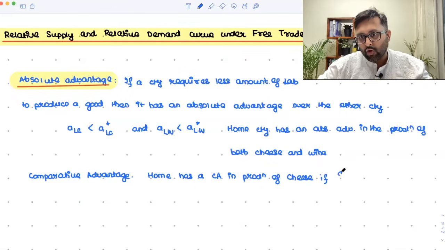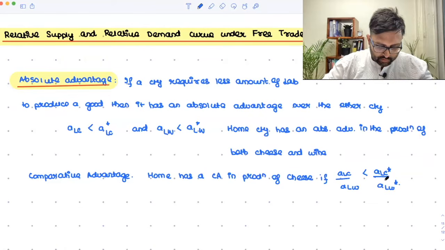If the opportunity cost of producing cheese, ALC by ALW, is less than ALC star by ALW star.